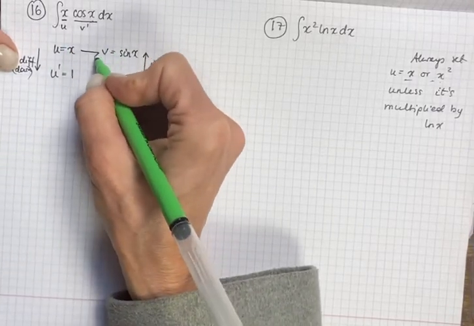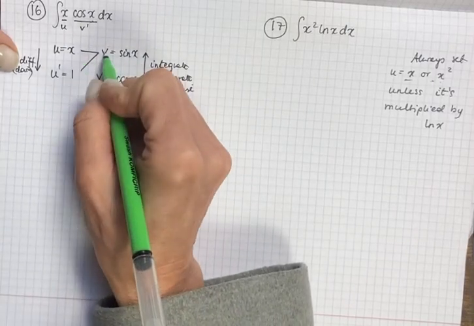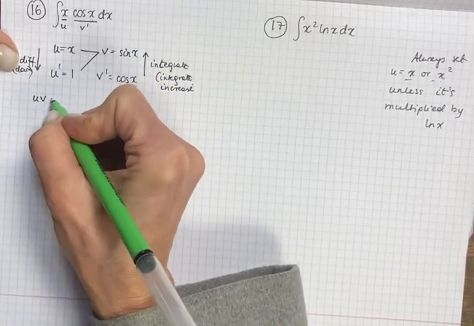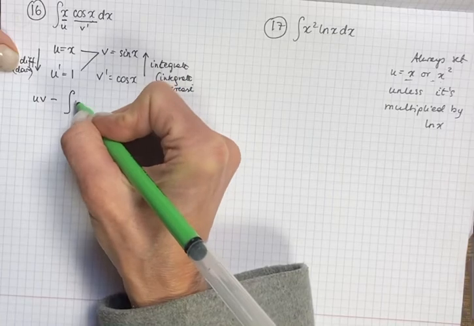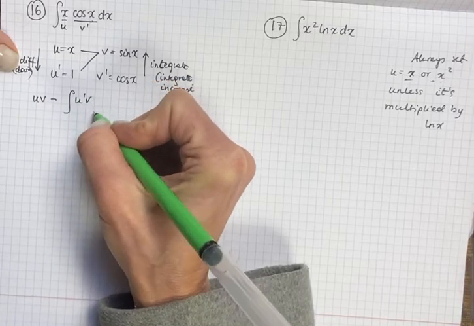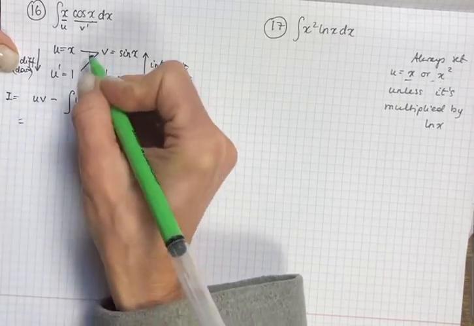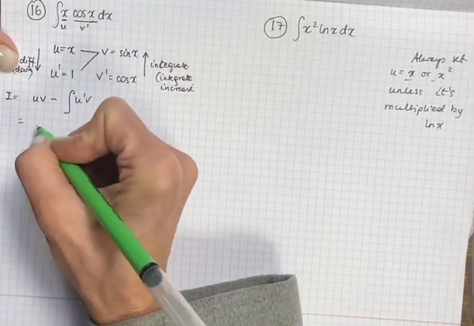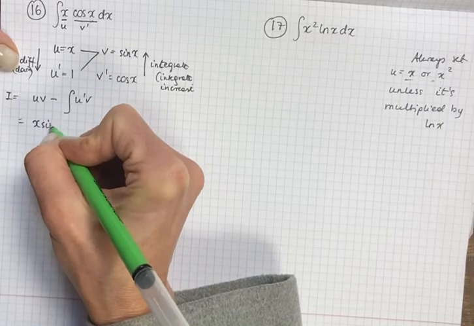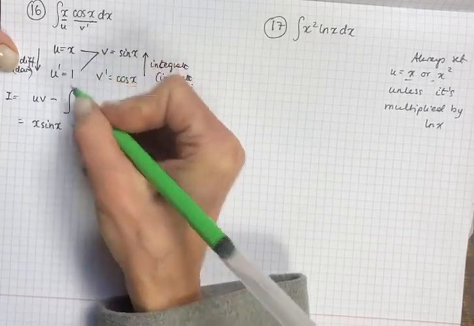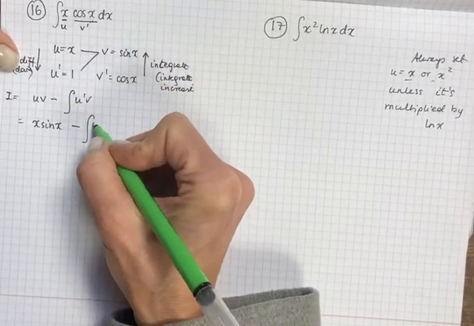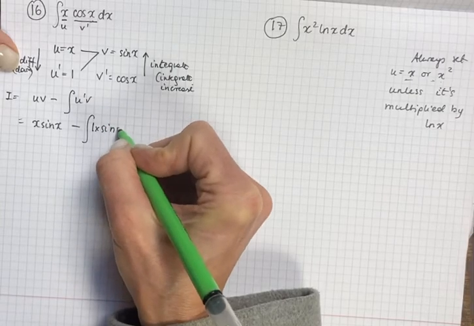So then we've got to think about the by parts rule, but really, if you remember the pattern, it's absolutely fine. So you are going to do u times v minus the integral of u'v. So this time together gives me x times sin x, minus these two times together, which is 1 times sin x, which is sin x.